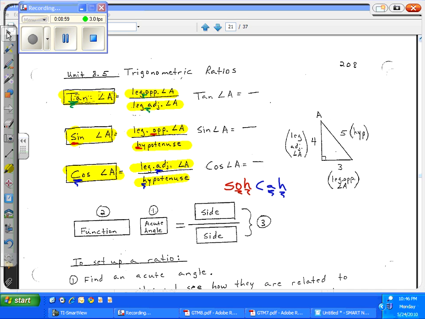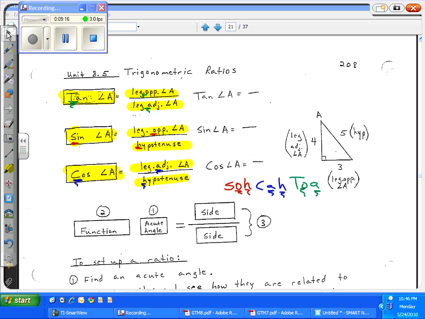TOA, tangent, opposite over adjacent. So if you like acronyms, maybe you'll like that. Sine is leg opposite over hypotenuse. Cosine is leg adjacent over hypotenuse. And tangent is leg opposite, leg adjacent.